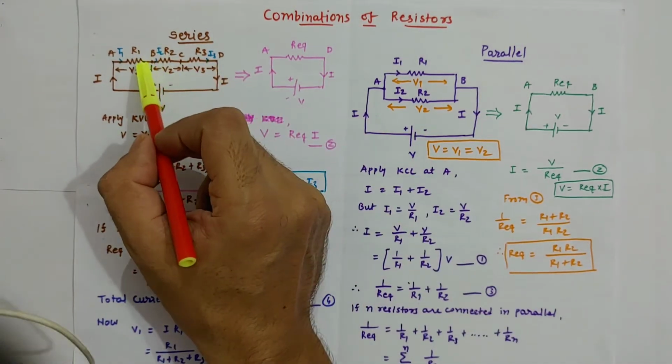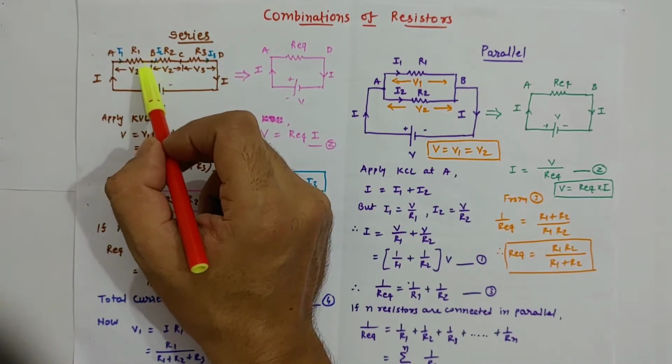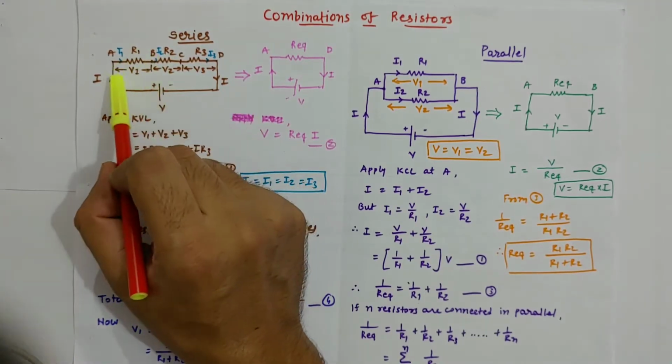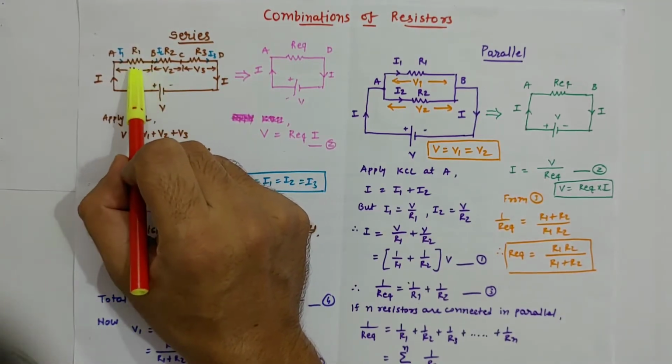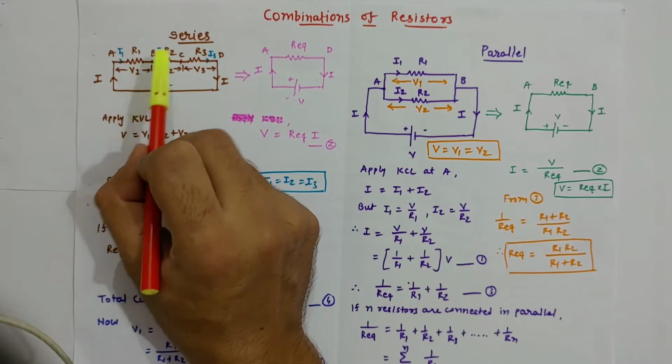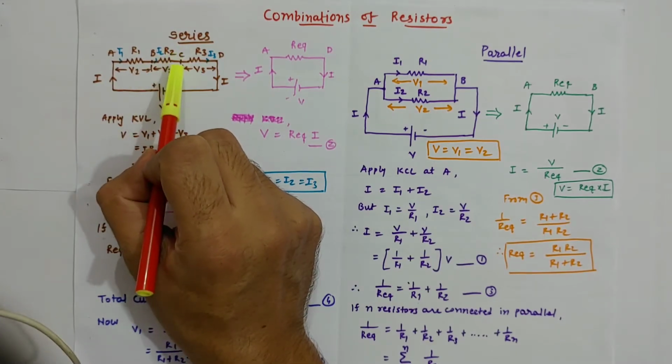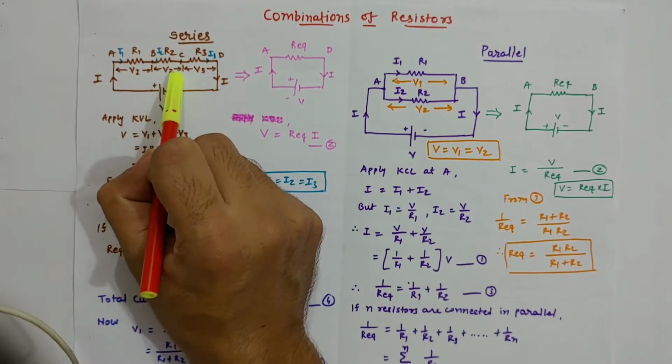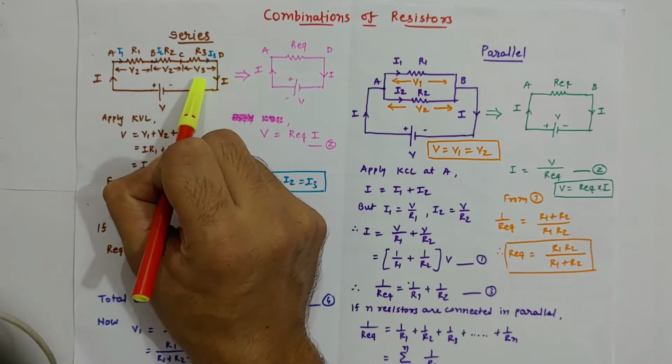If you look at the voltage across the resistors, the voltage across resistor R1 is written as V1, resistor R2 has voltage drop V2 and resistor R3 has voltage drop V3.